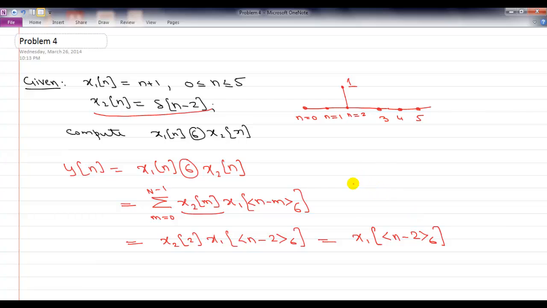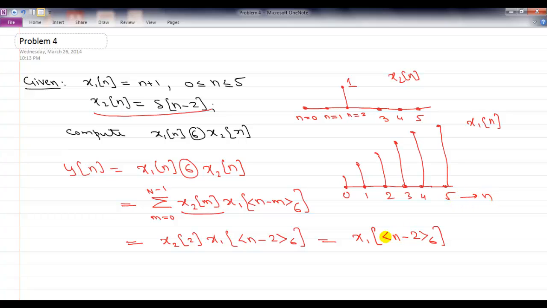Your x1[n] was, for n equal to 0, 1, 2, 3, 4, and 5, n plus 1. So at n equal to 0 it is 1, 2, 3, 4, 5, and 6. This is your x1[n], and your circular convolution answer is x1[(n minus 2) mod 6]. So what would that look like?